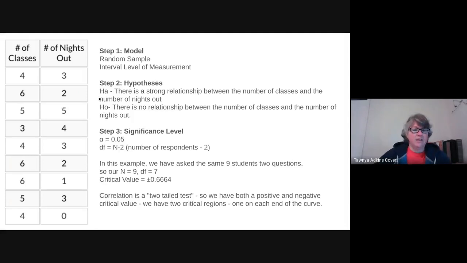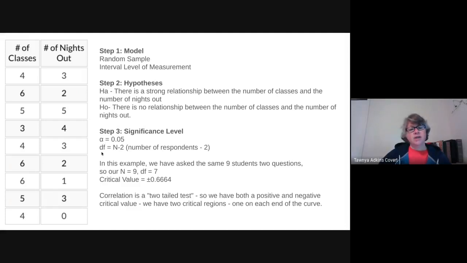So it's the same kind of thing because correlation is the same kind of statistic. There's a strong relationship between the number of classes and the number of nights out. There's no relationship between the number of classes and the number of nights out. Okay, so our research hypothesis, our null hypothesis, we've done this before. Our significance level, let's just set it at 0.05. It's a nice place to start.